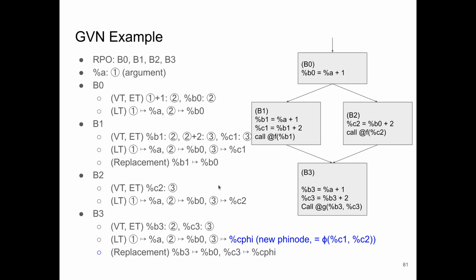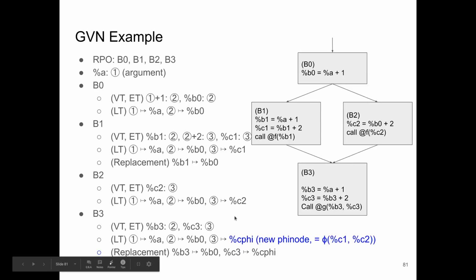So if we create a new phi node, which is called C5, we can deduce that it has the same number as 3, and we can immediately declare that the leader value of this number 3 is C5.